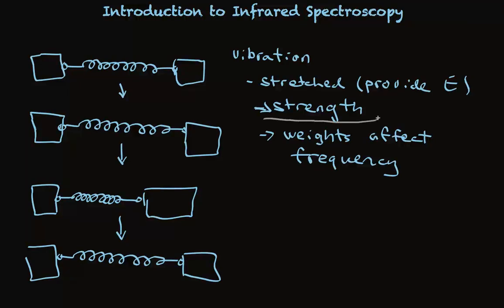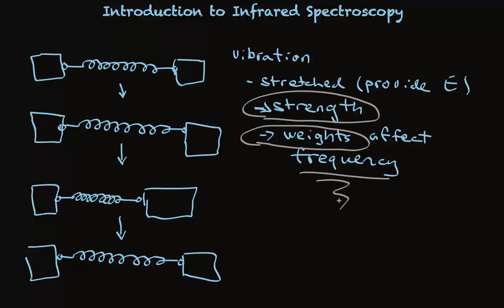The strength of the spring is important, and the weights at the end are important. And those two things will affect the vibration frequency. That's key. Because what we're going to be measuring in IR spectroscopy is the frequency of vibrations caused by absorption of energy, just like this spring.